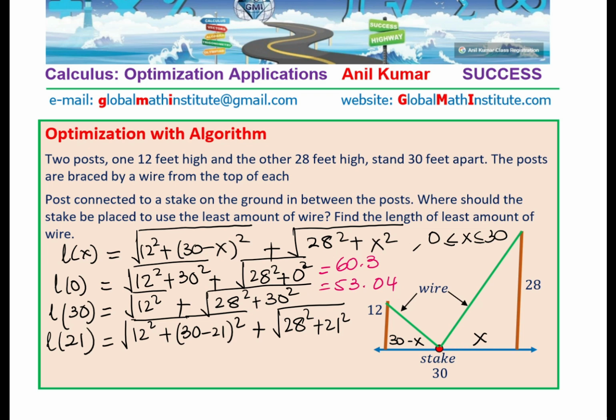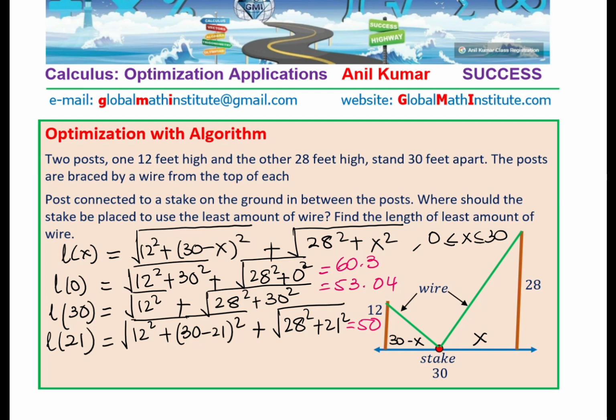The lastly we have is 12 square within brackets 30 minus 21 square, and we'll square root this, plus square root of 28 square plus 21 square. So that gives us a value of 50.